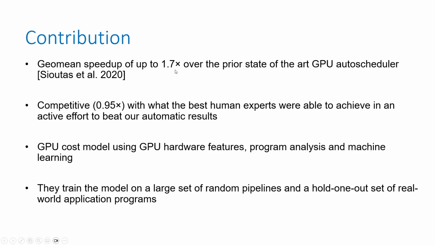The geometric speedup is 1.x, so in addition to improving the compile time over Sioutas, it is also able to improve the speedup of the actual program, the runtime efficiency, and it is quite close, 0.9x over the best human expert, over the manually optimized Halide code. One thing to consider that he's going to mention later is that the manually implemented schedules for Halide are considering GPU primitives that the autoscheduler is not including.